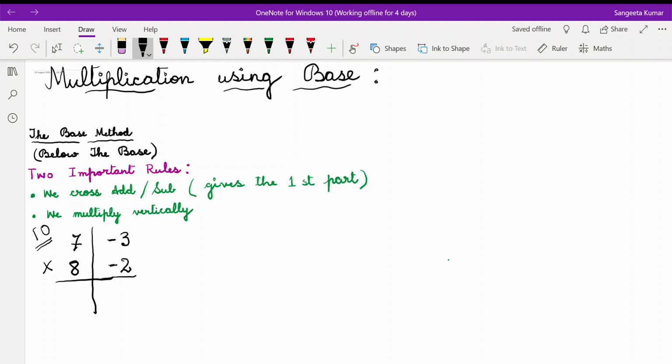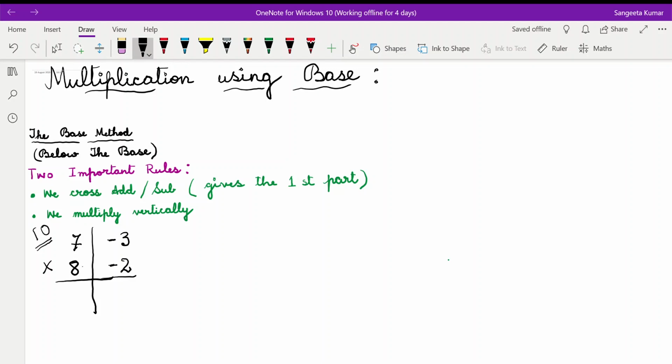Now the first rule that we have to apply: we cross add or subtract, which gives the first part. Either we do 7 minus 2, that will give us 5, or we do 8 minus 3, that will also give us 5.